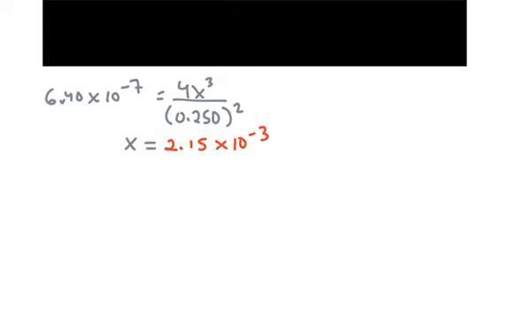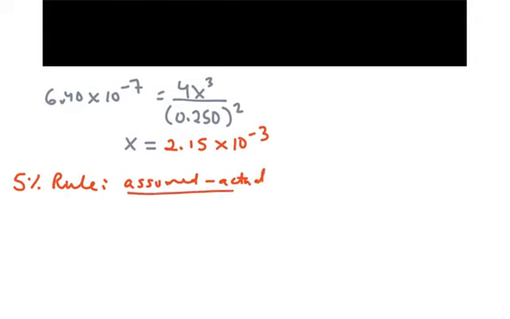So we have one more step for the 100 rule that, again, is sort of part of the process of allowing us to take terrible math and make it easy, and that's something called the 5% rule. Again, I'm going to put it in orange here, 5% rule. So the 5% rule, we have to take the assumed value minus the actual value, which we don't have at the moment, but we'll get it in a second, divided by the assumed value, times 100%.